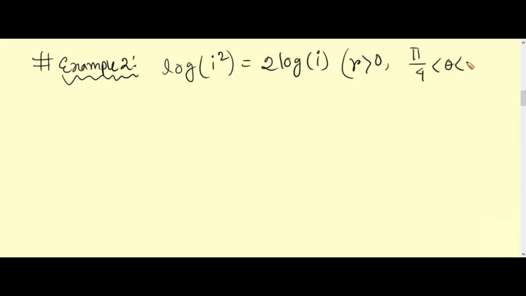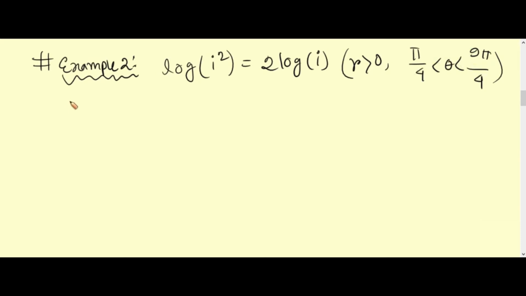Note that this theta is not the principal argument. So how can we write this thing, right? Because you might be confused with this theta, because sometimes we are using the principal argument, sometimes we are not.